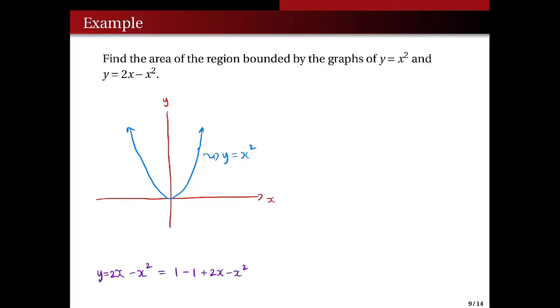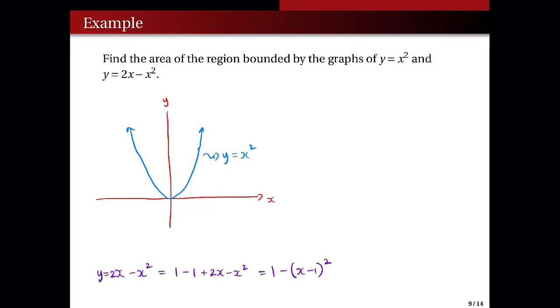And then we can even rewrite this as 1 minus quantity x minus 1 quantity squared. Very good. And notice that you now have y equals 1 minus x minus 1 quantity squared. This is just a parabola.